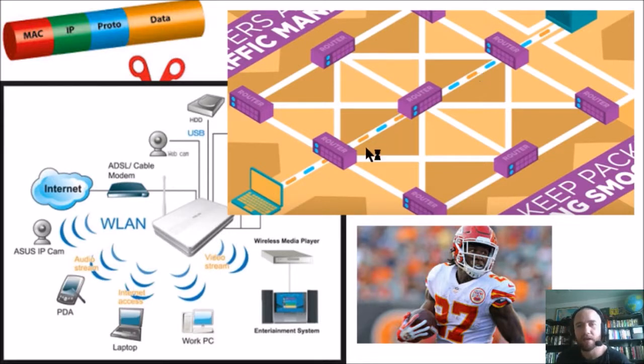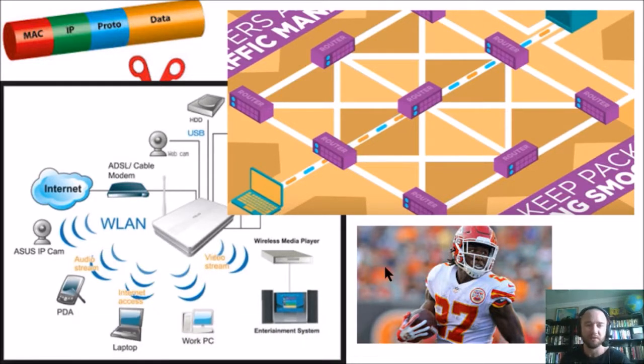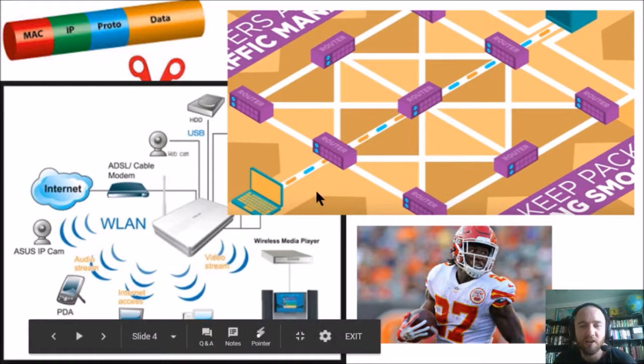Along the way, these packets of information can get lost or they can hit a dead end or get stalled out. So you could be sitting at your computer saying, where's packet number 27? Where's the information on Kareem Hunt? I need to see his yards in his rookie debut. And you're not getting it.